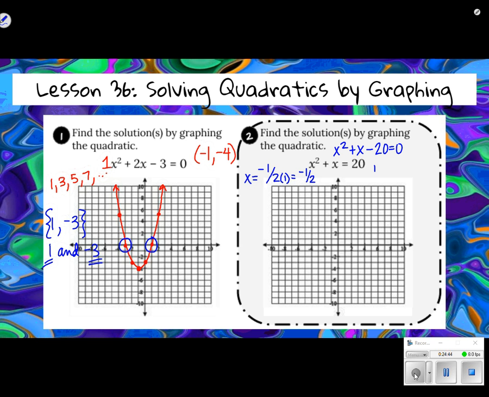Negative 1/2 squared is 1/4. 1/4 minus 1/2 is a negative 1/4, minus 20. That is a very small number. I'm not going to be able to graph that. My graph only goes down to negative 10. What else could I do?